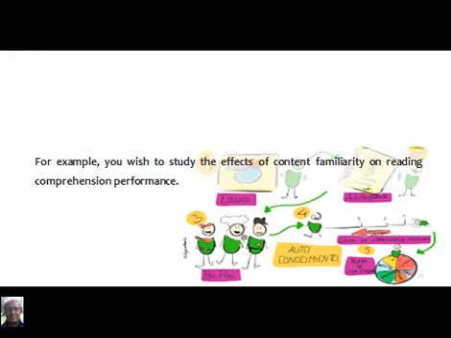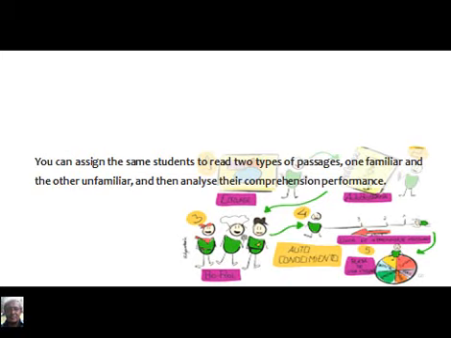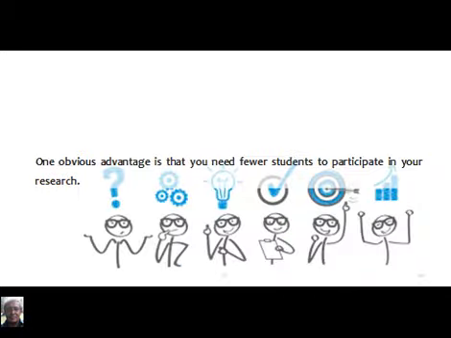For example, you wish to study the effects of content familiarity on reading comprehension performance. You can assign the same students to read two types of passages, one familiar and the other unfamiliar, and then analyze their comprehension performance. One obvious advantage is that you need fewer students to participate in your research.